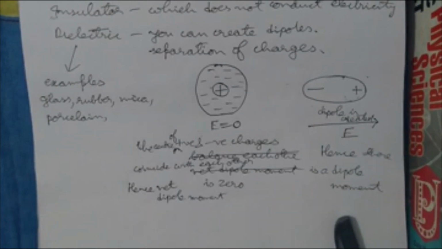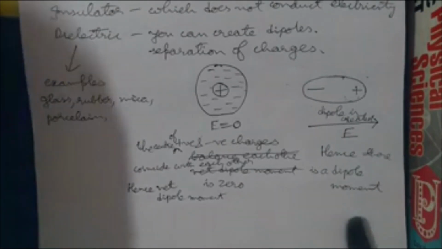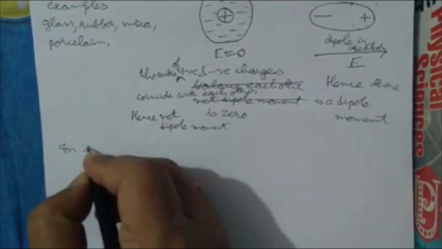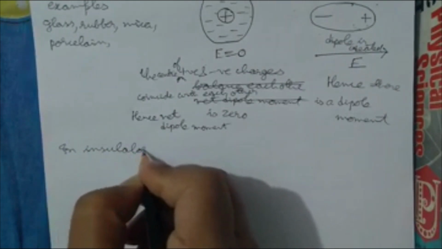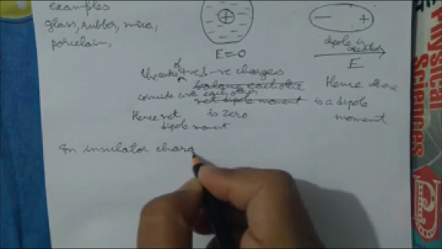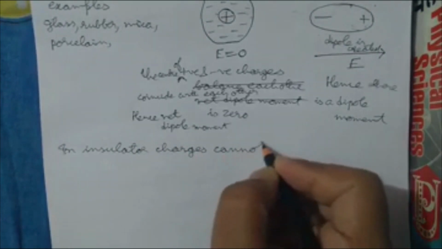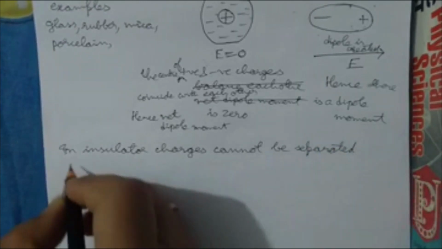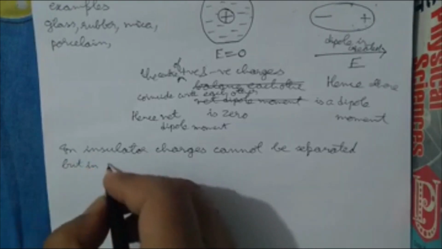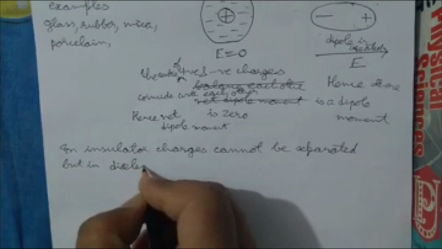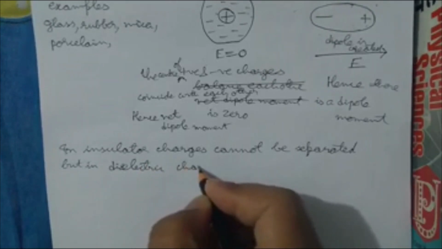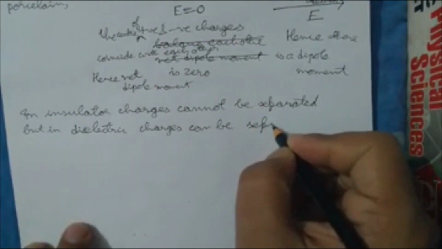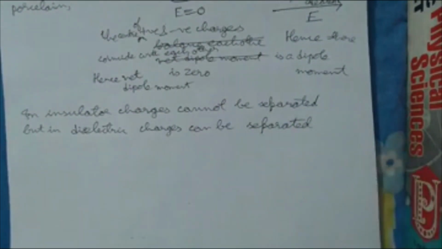In an insulator, charges cannot be separated, but in a dielectric, charges can be separated.